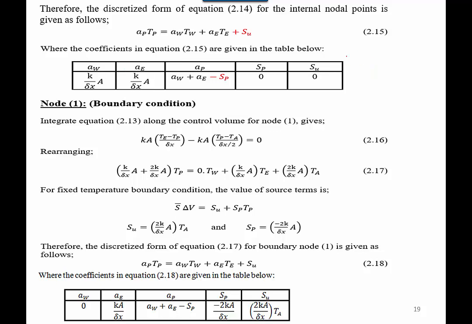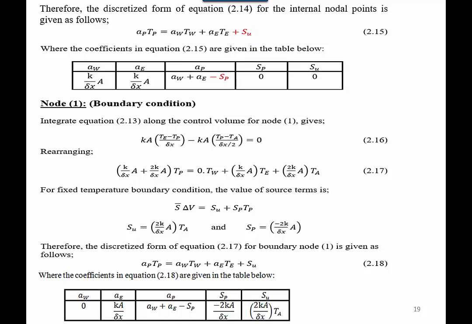Therefore, A west will be equal to K A over delta X, and A east the same value, K A by delta X, and A point will be equal to the summation of the neighboring coefficients minus SP, and there is no SP or SU. Therefore, when we add SU, it's a zero value, so it will not change equation 2.15.